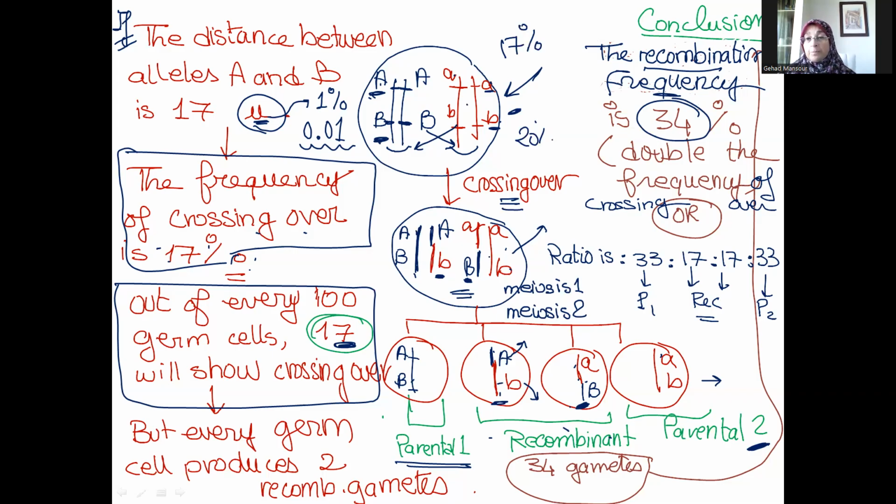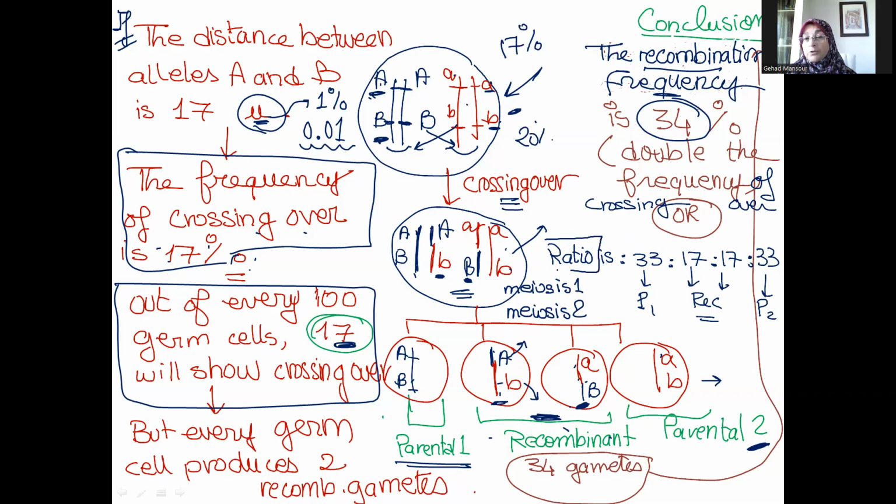And every cell for that pair of chromosomes produces 2 recombinant chromosomes. So the 17% would produce 34% of the gametes that are recombinant. So the recombinant frequency is 34 out of 100.